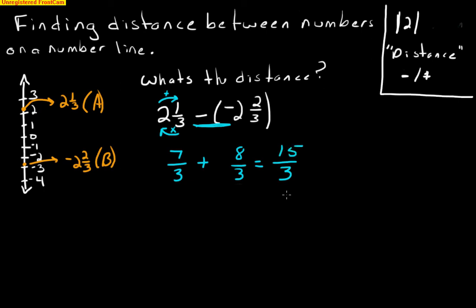So we have 15/3, which is an improper fraction, so we would make that back into a mixed number, but in this case it won't be a mixed number because 3 goes into 15 evenly, 5 times, and there's nothing left over for a fraction. So the answer to this is 5. The distance between A and B is 5 units. You'll have a few questions like that, and that should finish it out for today.